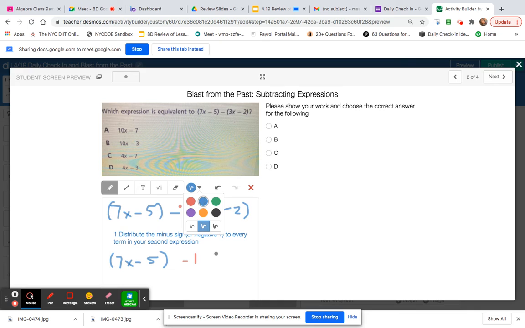I'm just trying to keep the same colors. 3x minus 2. And then I'm going to distribute that -1 to the 3x, then distribute that -1 to the -2. So I'm multiplying. So this is going to stay as 7x minus 5.